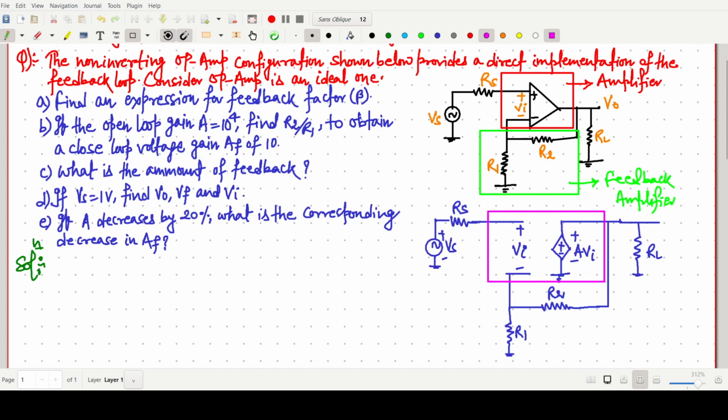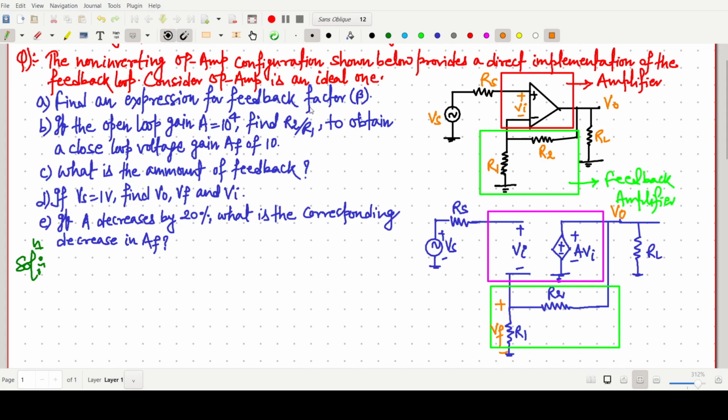This one is our simple amplifier, and the other one is our feedback network. Now this value is plus or minus Vf, the feedback voltage, and this value will be simply V0.